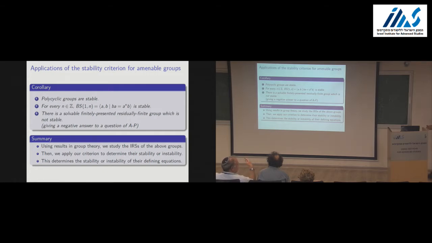Here, the equations are stable if and only if the group is stable, but to determine whether the group is stable is a much more difficult issue. But once you do it, you really deduce something about equations, which elementarily is completely inaccessible, to decide if they are stable or not. It's really using group theory to say something about very concrete equations.